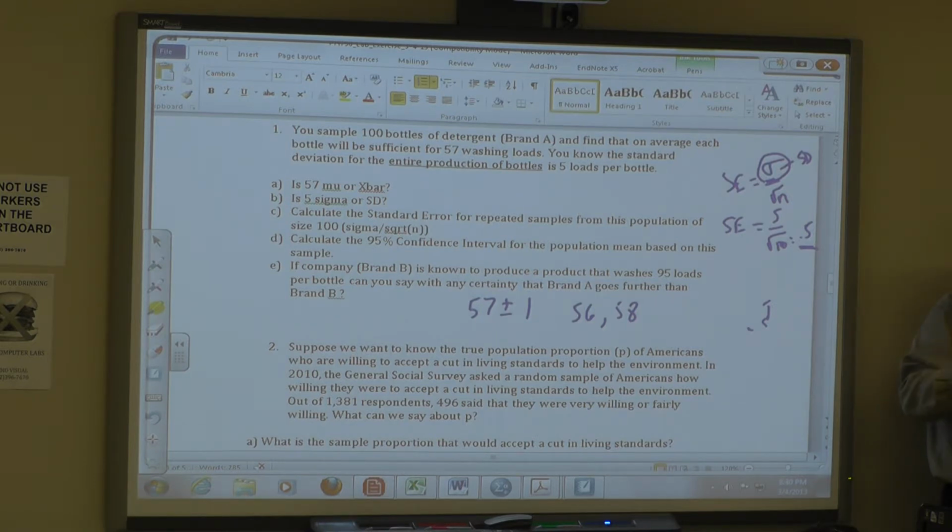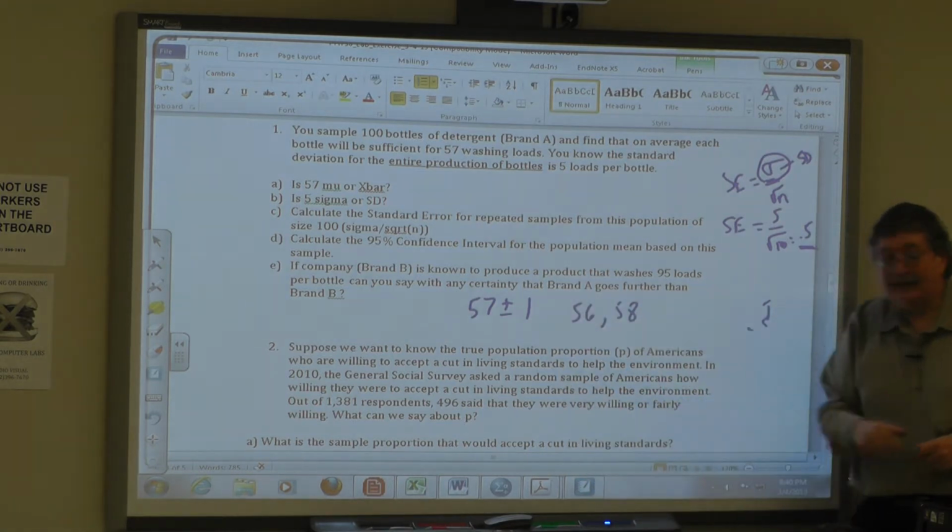That's where I need the standard error instead of the standard deviation. We were told the standard deviation for the entire production run, if you looked at the entire population, was equal to 5. The sample size here is 100. So the standard error is 5 divided by the square root of 100, which is 10. 5 divided by 10 is 1/2. So I want 2 standard errors on either side, using the empirical formula. So that was 57 plus or minus 1.